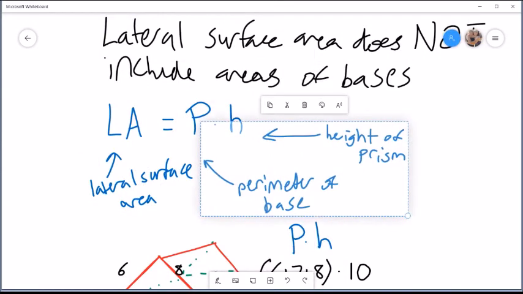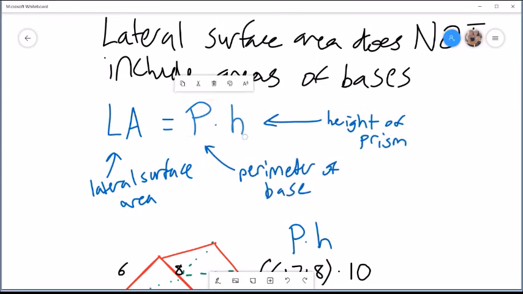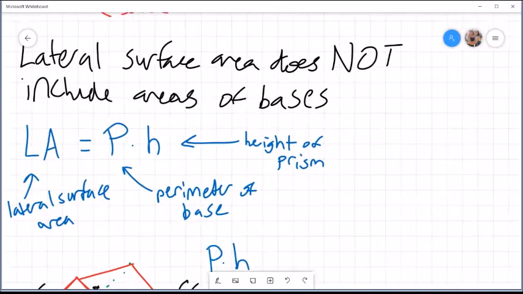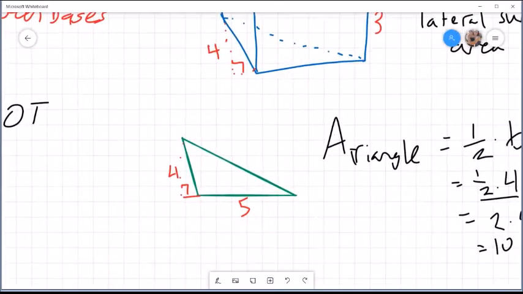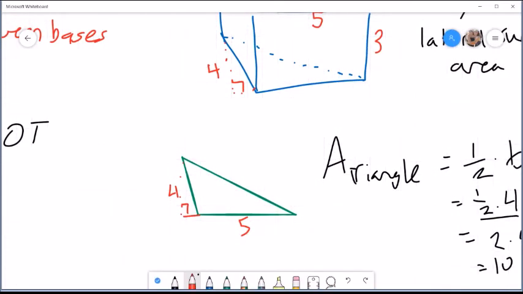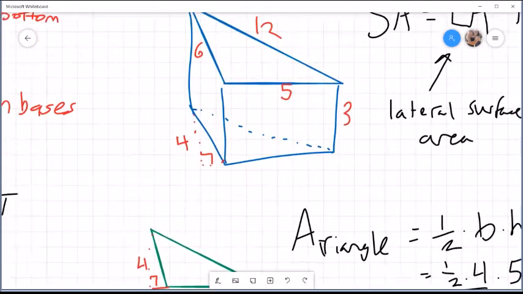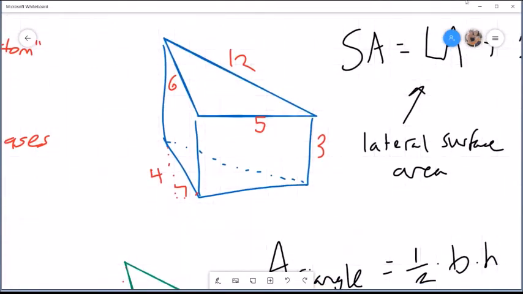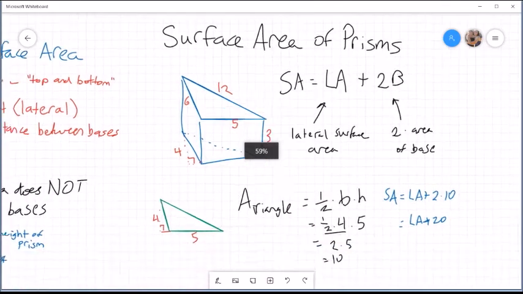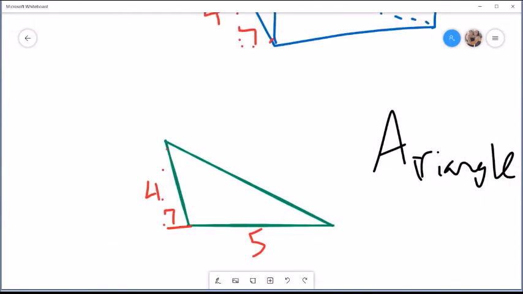So we need the perimeter of the base. So that's 5, that's 4. I'll add some of our numbers to our triangle down here. So we have this 6, and we have the 12. It doesn't really match our drawing, but that's okay. This is just to help us get a visual.